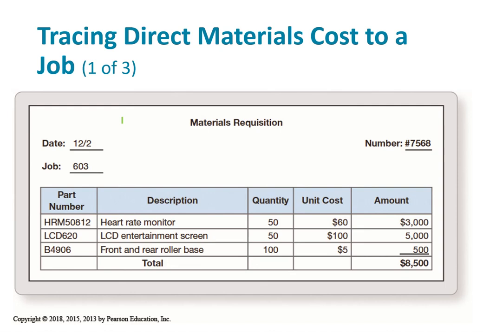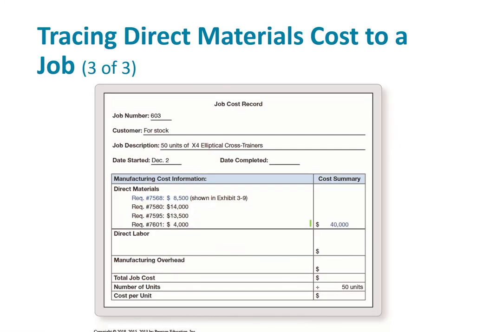Now, we are going to look for tracing the direct material, tracing the direct labor, and then we will allocate the manufacturing overhead. We take a look and see which of these are going to job 603. It appears that all of this raw material goes to job 603. So we have $8,500 worth of raw materials that are going to go to job 603.